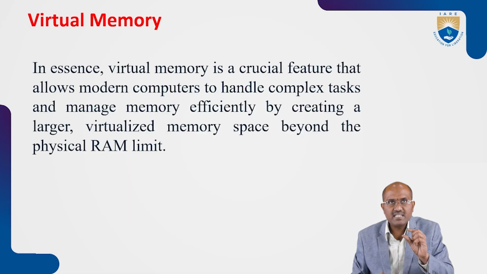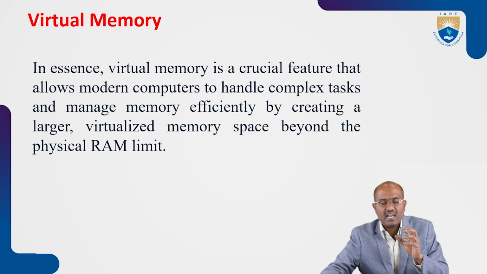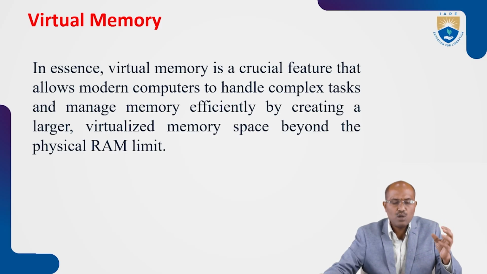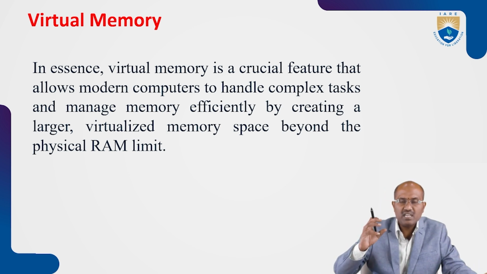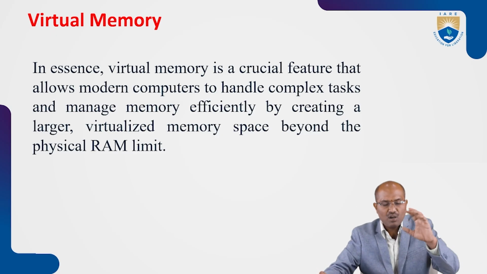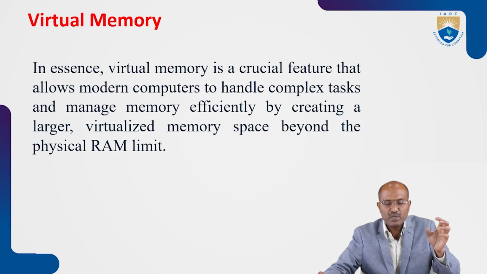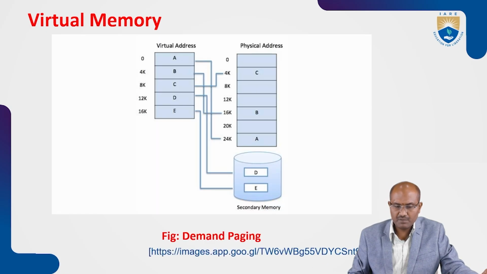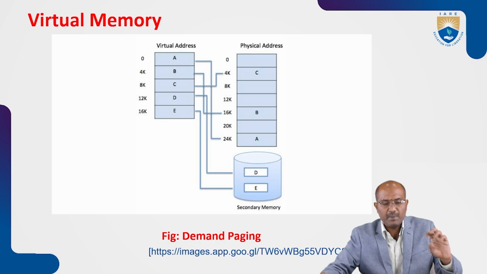Virtual memory is a crucial feature that allows modern computers to handle complex tasks and manage memory efficiently by creating a larger virtualized memory space beyond the physical memory RAM limit.